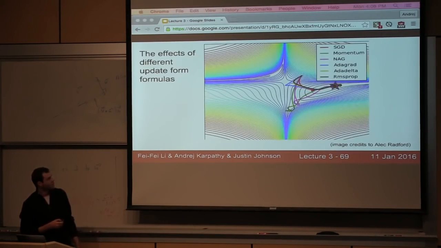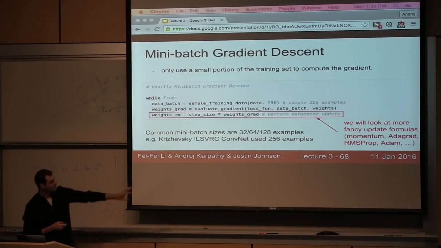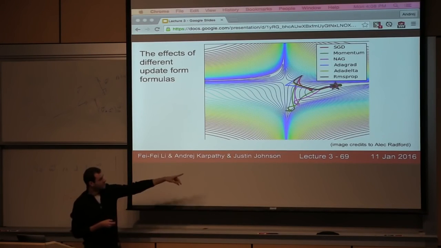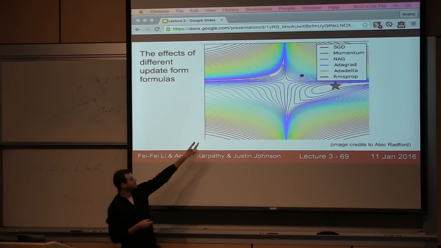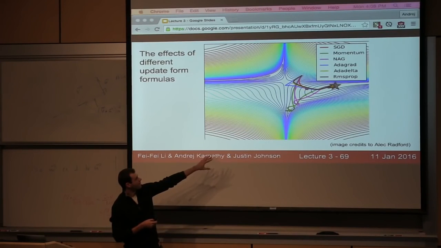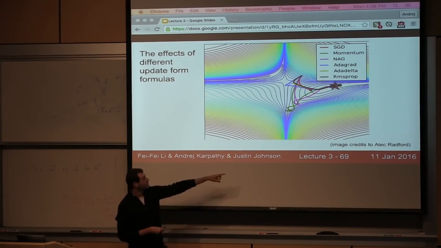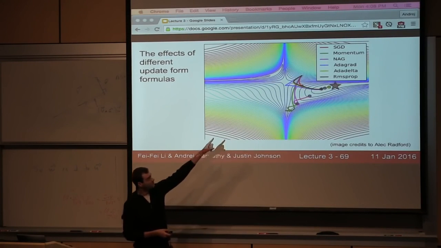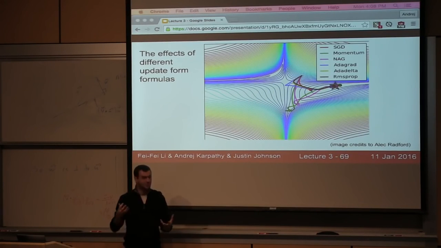Just to show you what these different choices might do in your loss function, this is a figure from Andrej. Here we have a loss function, and these are the level curves. We start off optimization over there, and we're trying to get to the basin. Different update formulas will give you better or worse convergence in different problems.